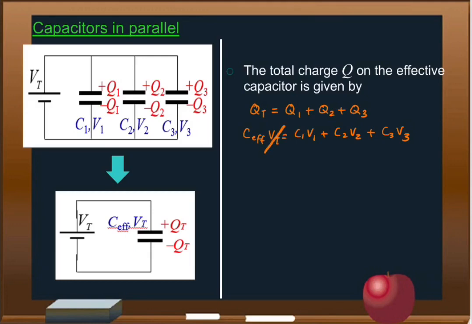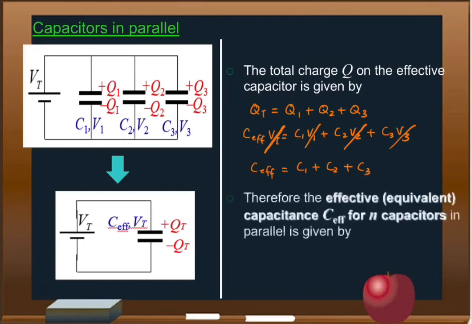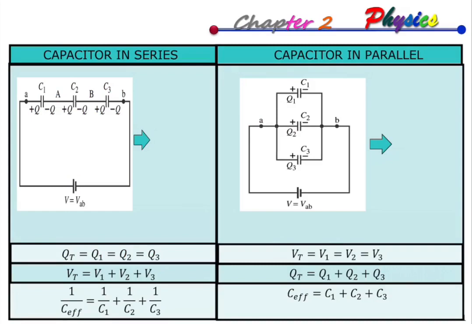So we can actually cancel out Vt, V1, V2, V3. And finally, we will get the formula for C effective, which is C1 plus C2 plus C3. Therefore, the effective capacitance Cf for n capacitors in parallel is given by Cf is equal to C1 plus C2 plus C3 plus Cn.